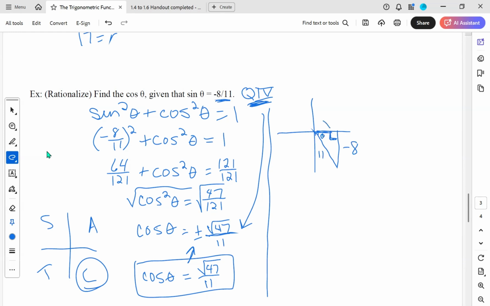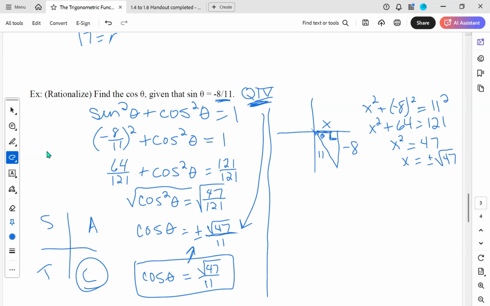All right, so I need to find my x. So I would have x squared plus -8 squared equals 11 squared. So this is going to be x squared plus 64 equals 121. And so now I need to subtract. So I have x squared equals 47, which means x equals plus or minus the square root of 47.